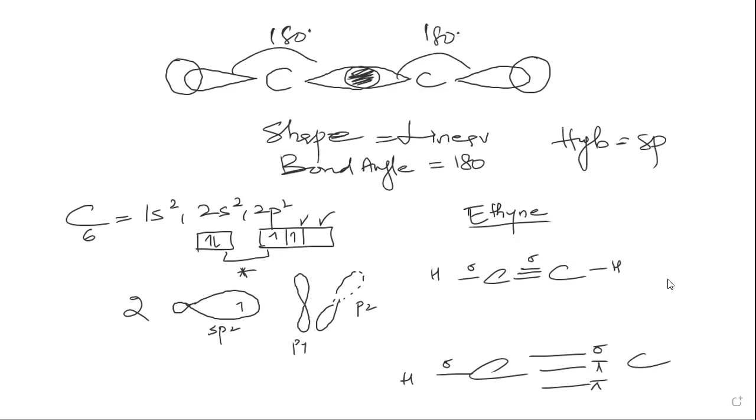That's why we make alkynes like this, because bond angle is 180 between two sigma bonds. So this is sp hybridization, right?